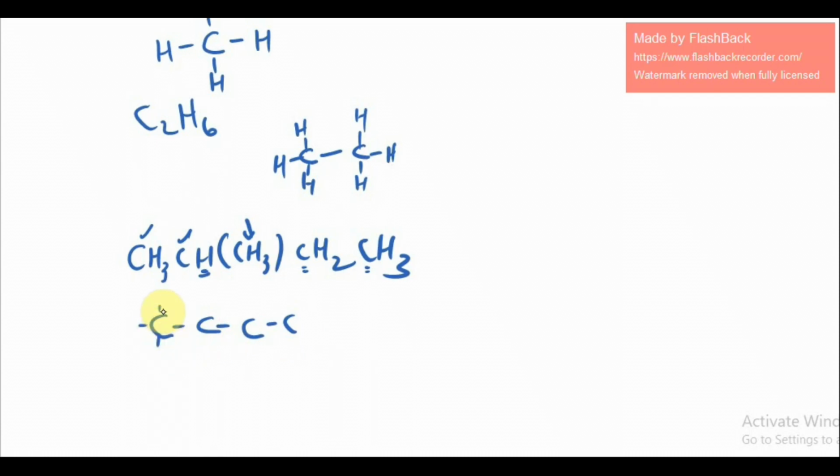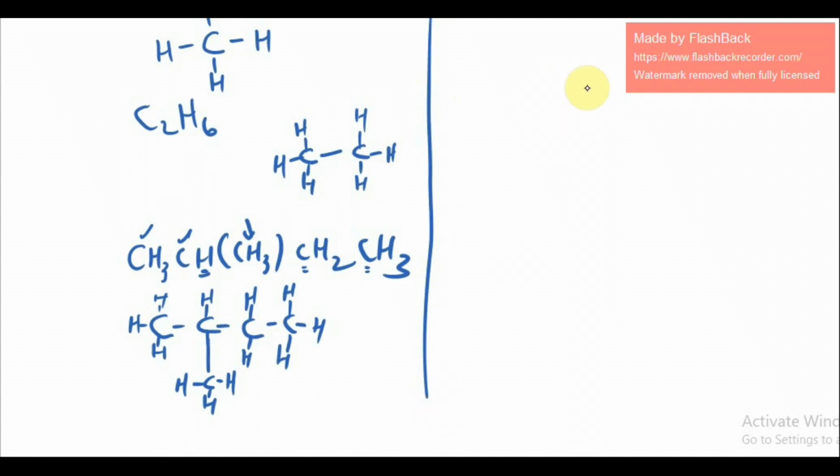Then this one has 3 hydrogen atoms. Then this one has 1 hydrogen, and there is also the branch here. There is also that carbon with 3 hydrogen atoms. Then this one has 2 hydrogen atoms. Then how many does this one have? It has 3. So basically this is the structural formula of this compound, right?